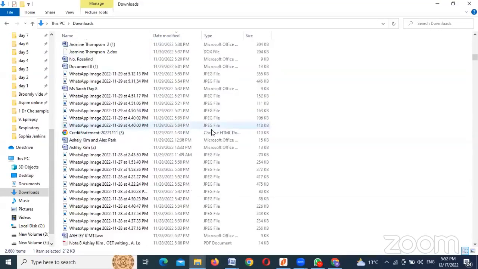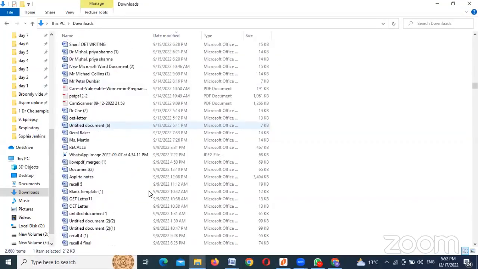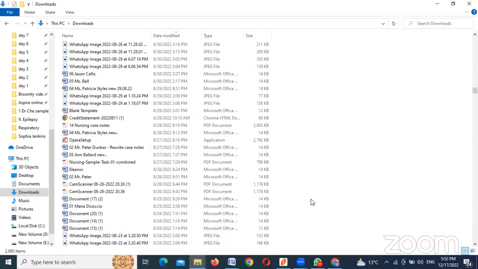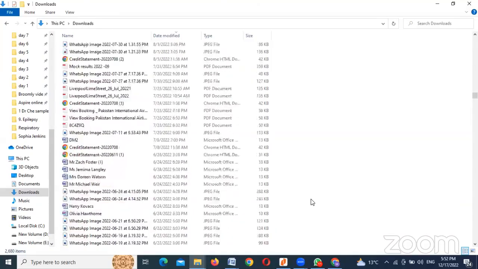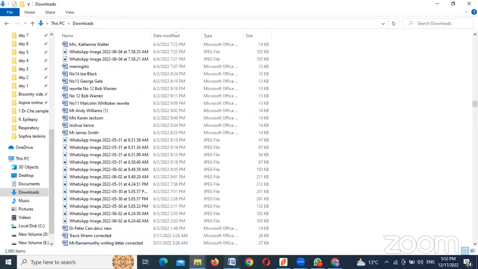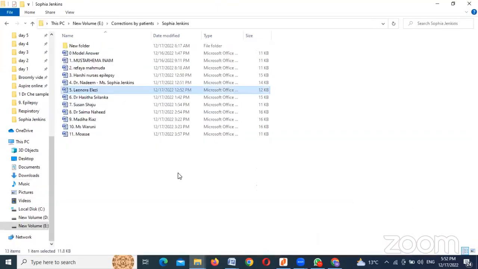So all of these are letters. If you go here, 2680. Maybe there are 2000 letters, but overall some other things could be also, but at least more than 1500 letters. So this is with time and experience.